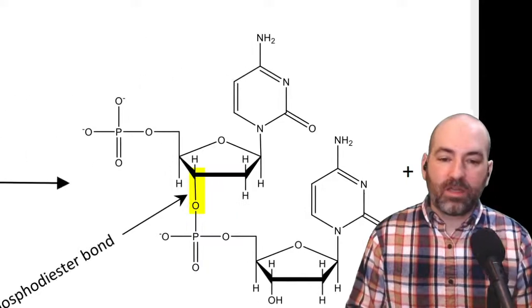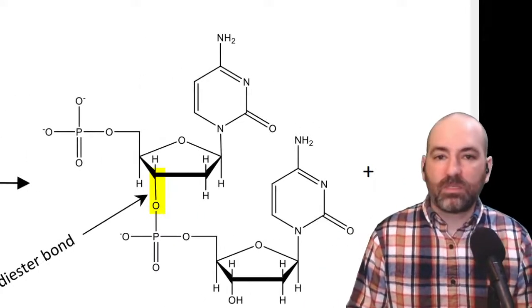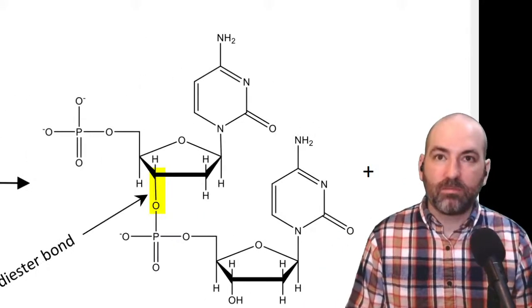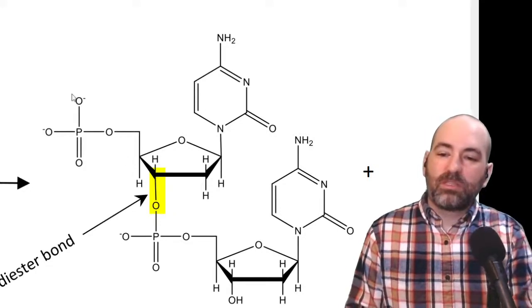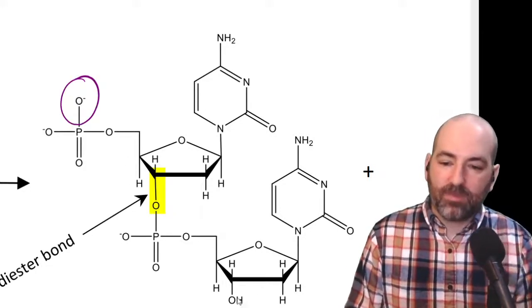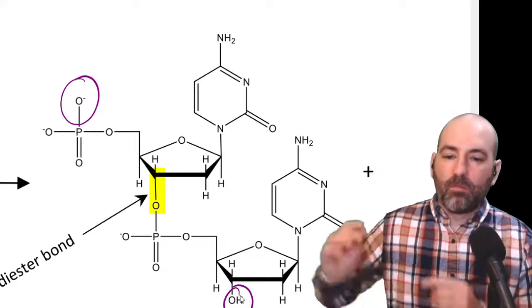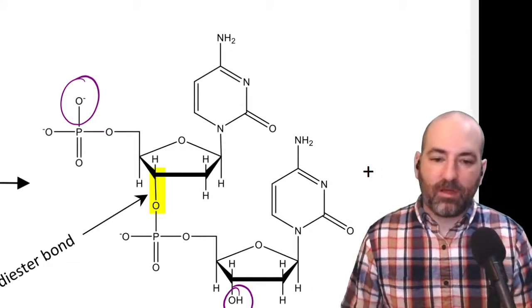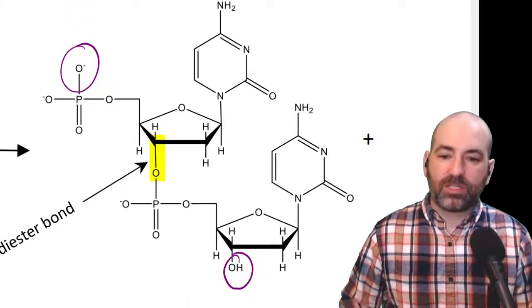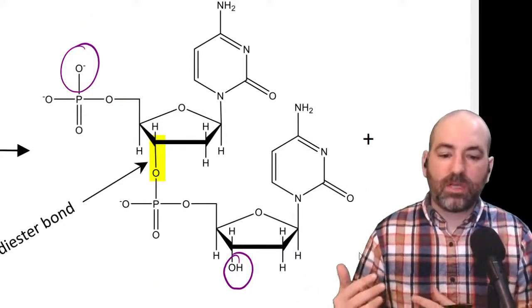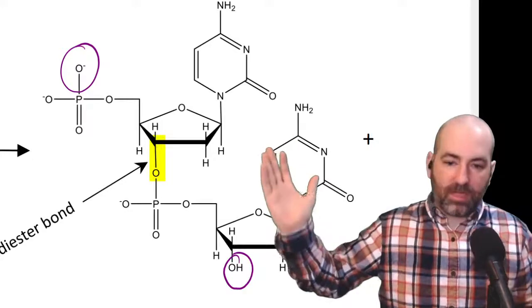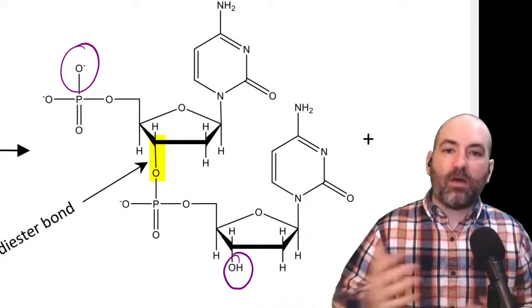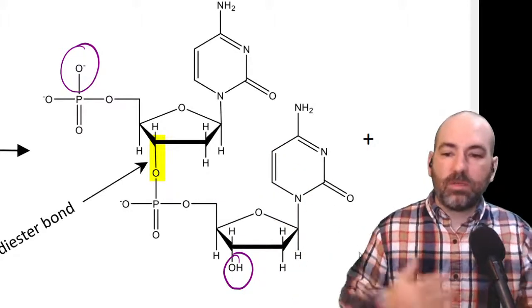And then much like our other polymers, like the amino acids that we saw last week or Monday, we still have an open spot here and an open spot here for more things to connect. So they haven't stopped there. We're not just stuck with the reaction between these 2 nucleotides. We can keep adding more nucleotides to either side. And this is how one strand of DNA would be constructed.